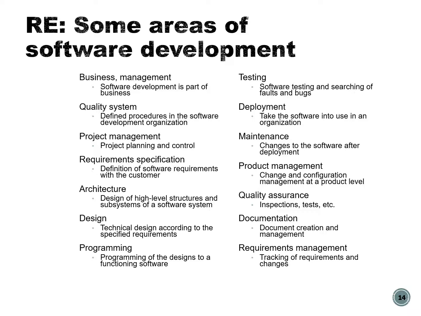In fact, if we take a look into the different areas of software development, which are defined to be areas the software engineering and software development is actually interested in. Of course, there's business management, there's quality systems, project management, requirement specification, architecture, design, programming, testing, deployment, maintenance, product management, quality assurance, testing, documentation, and requirements management.